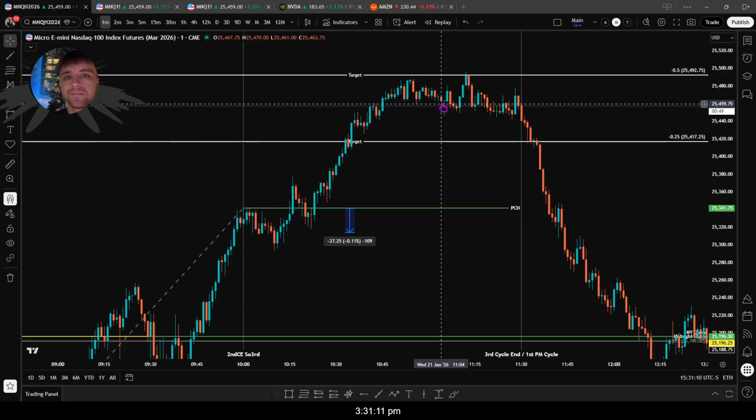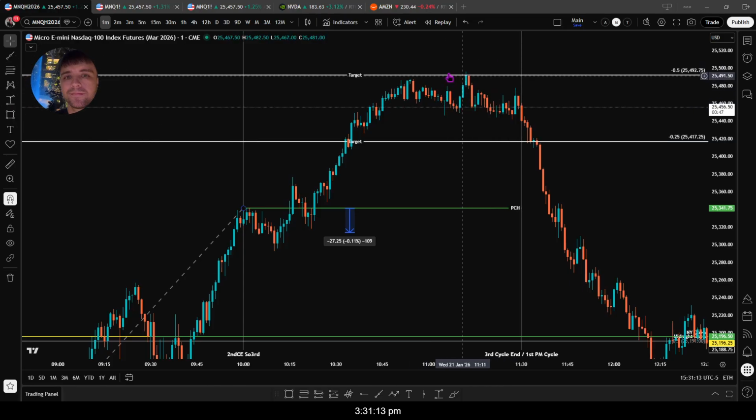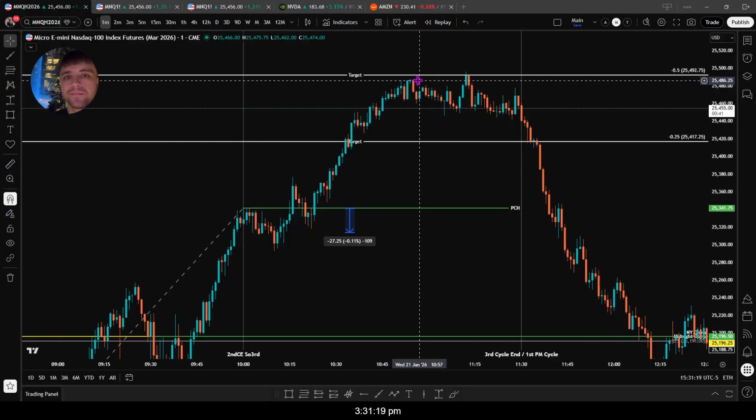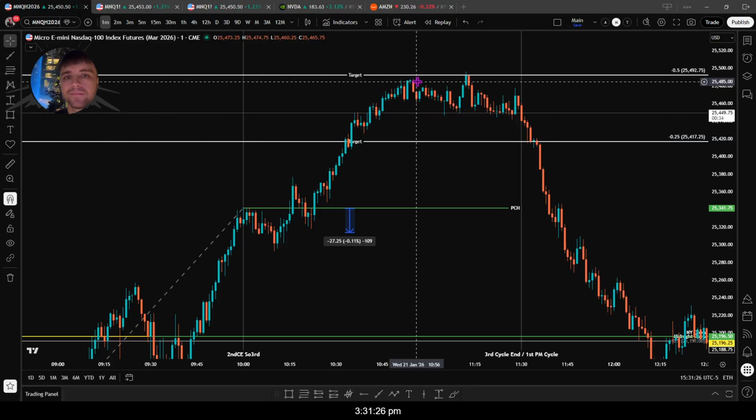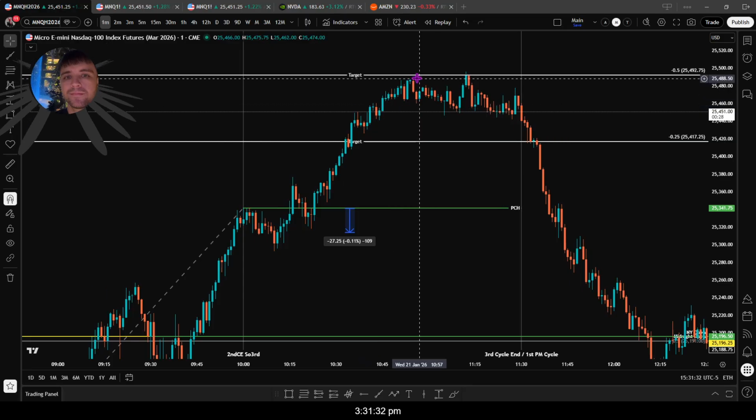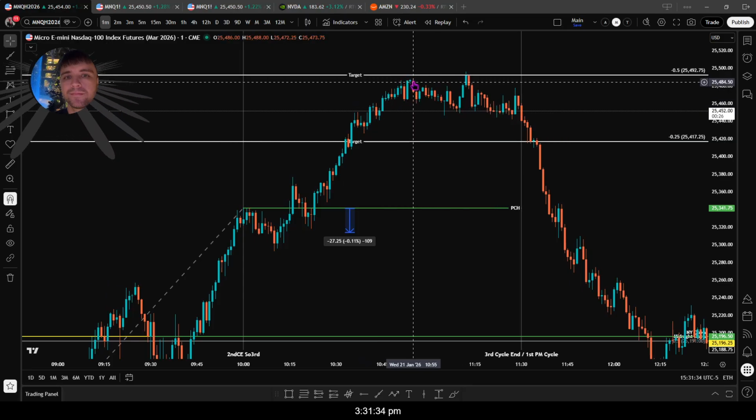Since we were consolidating and this second standard deviation was the final target, I placed my final exit at these previous highs, since it was also a few points below the second standard deviation. So first trim, second trim around 450, and then my third trim was at these previous highs here.